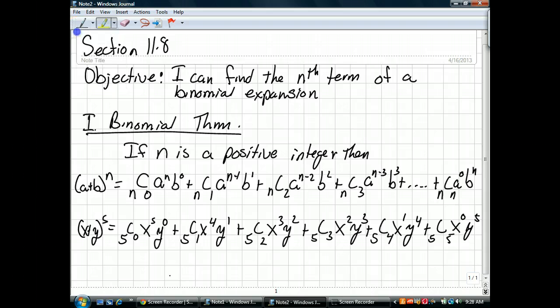Notice that the number of combinations you're taking always matches the power on the b term, which in this case is y.